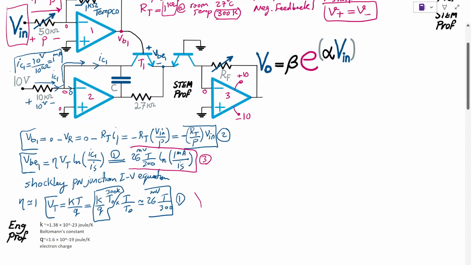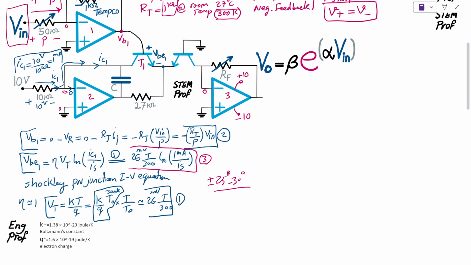Worse than that, Is, or the saturation current of these transistors, is heavily exponentially depending on temperature, as if when temperature is changing by just plus minus, let's say 25 to 30 degrees C, just that much, which happens a lot actually in real life, then Is actually changes by 10 times or even more.